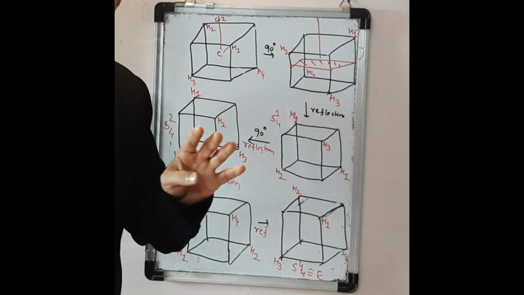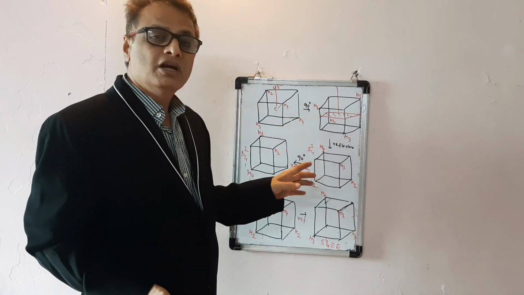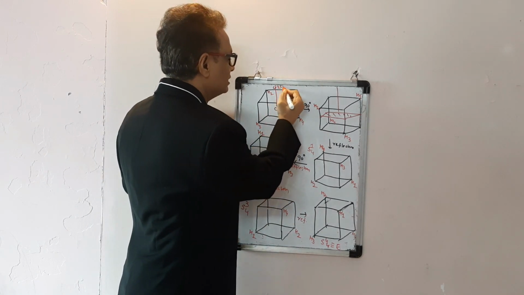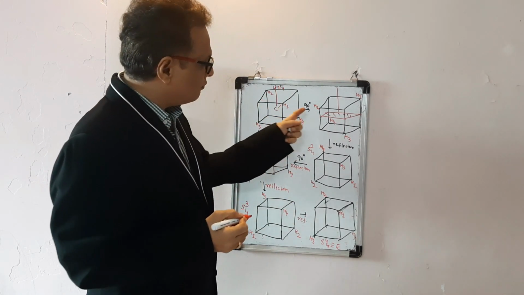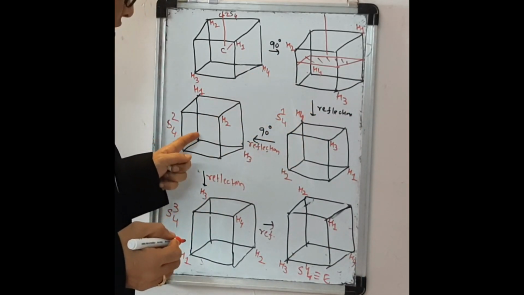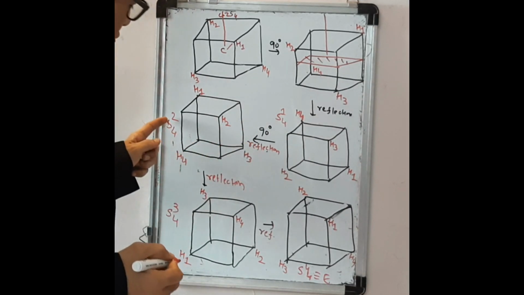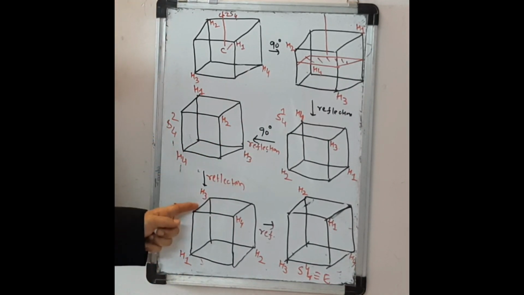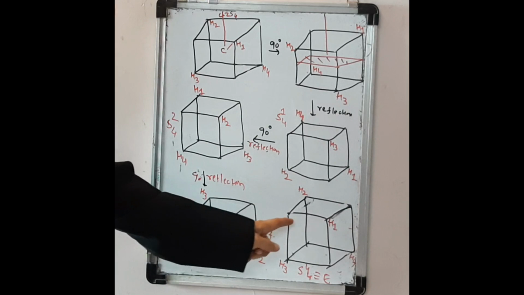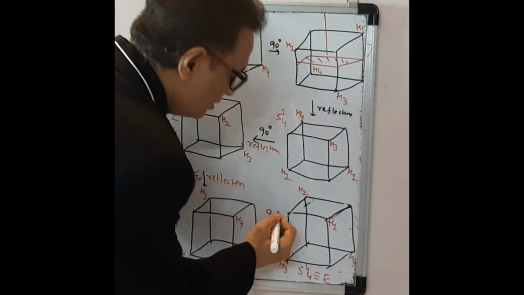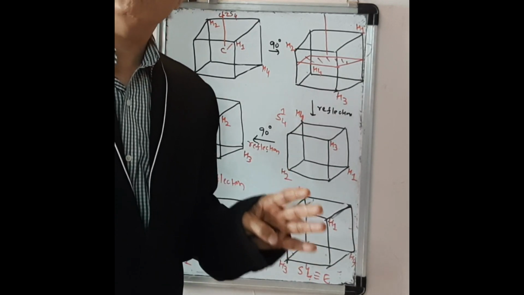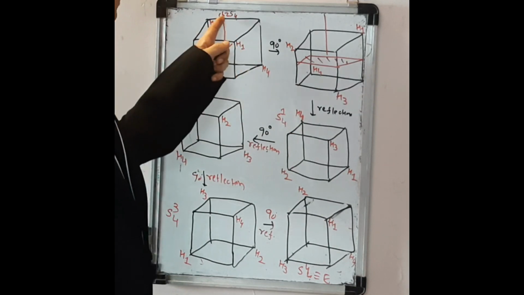So a total of 4 rotations by 90 degrees followed by reflection lead to the original configuration. So this is named as the S4 axis. Here the first rotation by 90 degrees followed by reflection is denoted by S14. The second is denoted by S24. The third is denoted by S34. And the fourth rotation by 90 degrees followed by reflection leads to the original configuration. So a total of 4 are required to get the original. So this is named as S4.